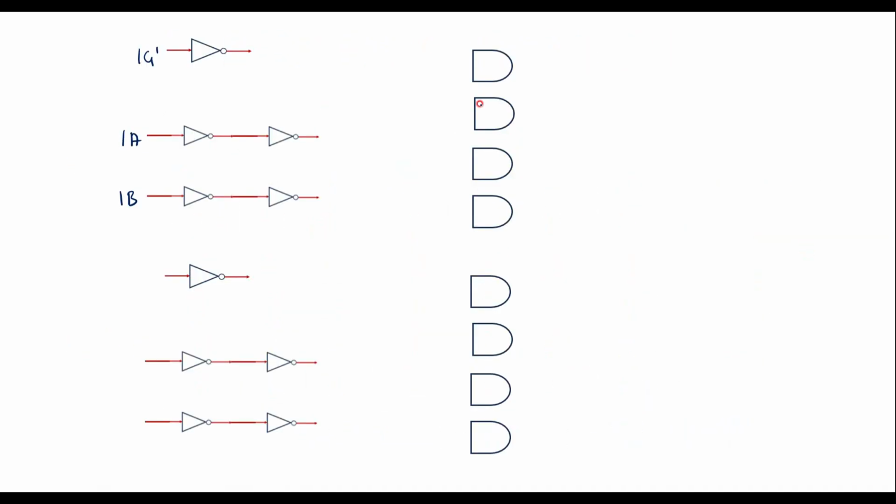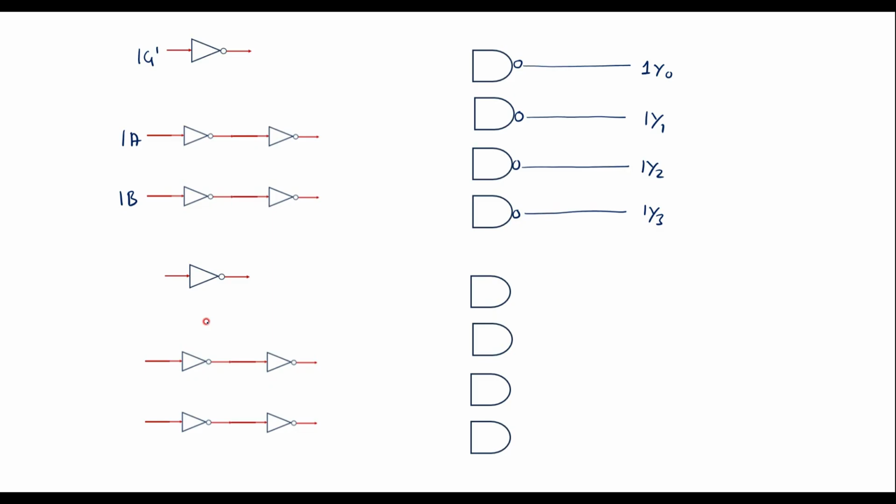For active low outputs, we should use the bubble here. This will become a NAND gate. This is 1Y0. This is another NAND gate, 1Y1. This is another NAND gate, 1Y2. And this is 1Y3.